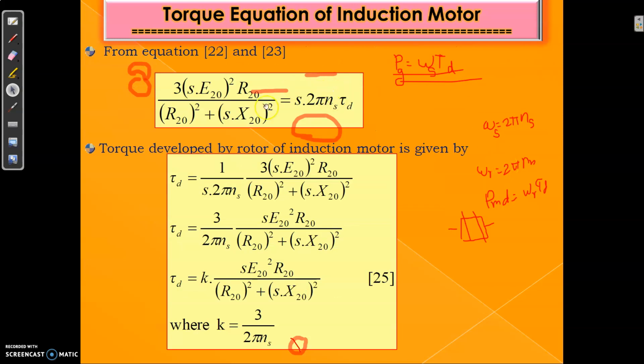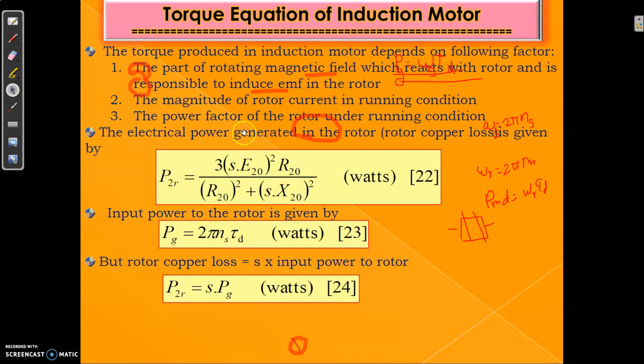To calculate the torque equation inside the machine, we require power. So P2R is equal to 3 into E2R0 squared R20 upon R20 squared plus S into X20 squared. The input power to the rotor is nothing but 2 pi ns into tau d, as we saw in the earlier slide, and the rotor copper loss is equal to S times the input power to the rotor.